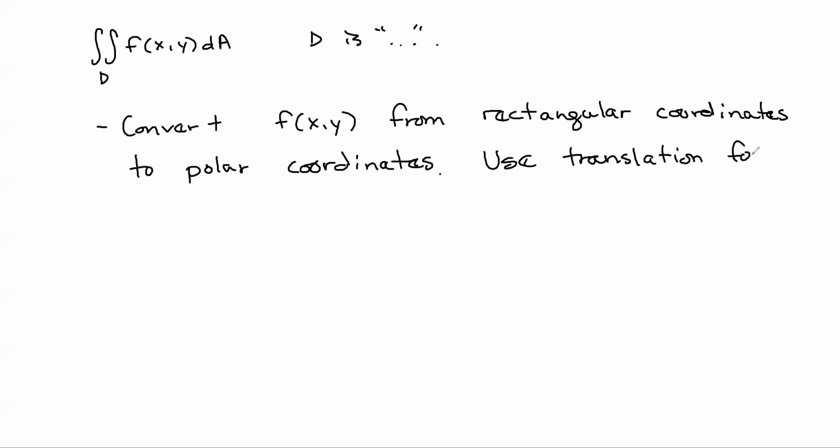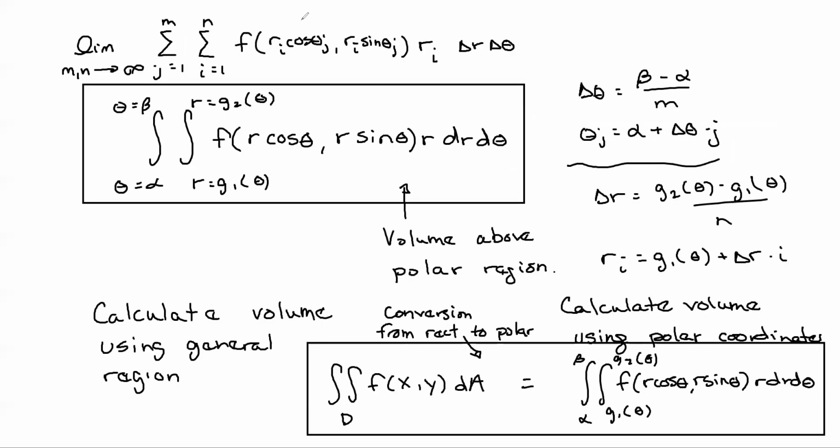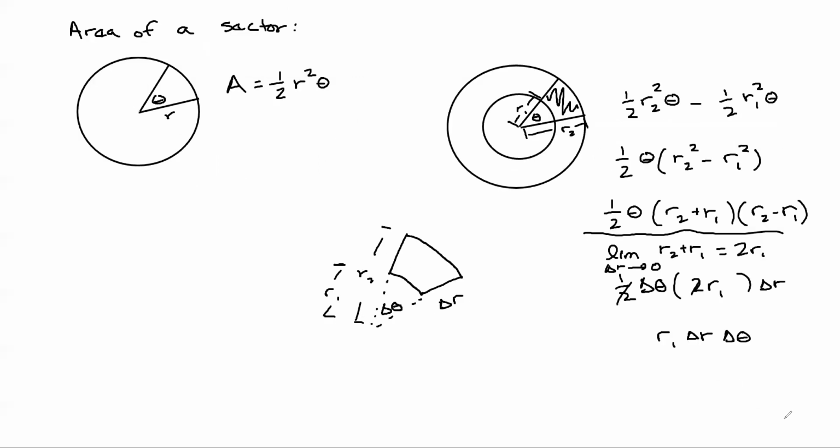And the way to represent using the translation formulas, we're going to rewrite this, plug into it, and we're going to get f of r cosine theta, r sine theta.